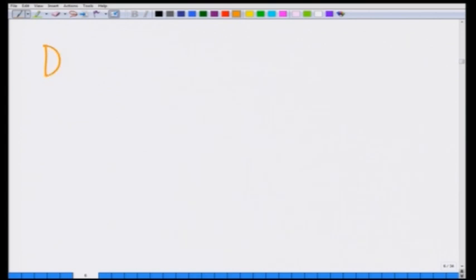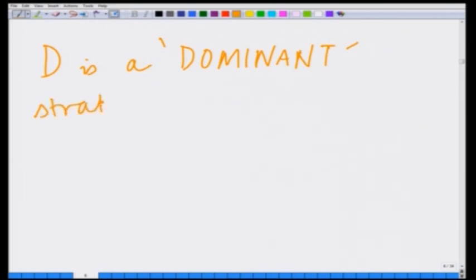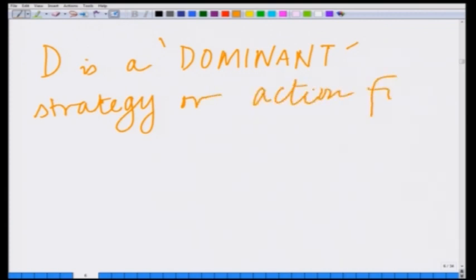D is a dominant action for C1. That is, D is always a best response for C1 irrespective of the action of the other player.